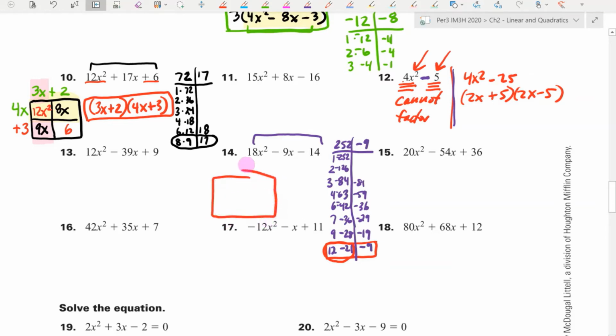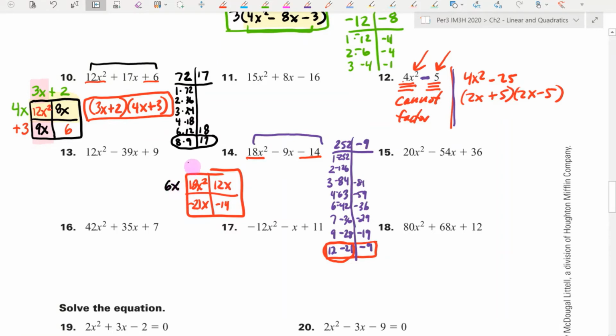All right, so let me go ahead and do the box here. We're going to use 12x and negative 21x. Again, the first number goes in the first box, 18x squared, and the last number goes in the last box. The two numbers, the 18 and the 12, have a 6 that goes into both of them and an x.